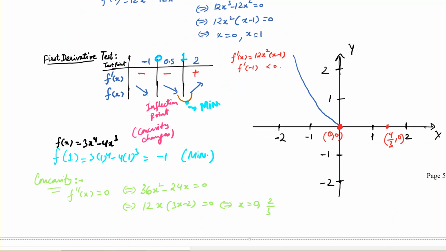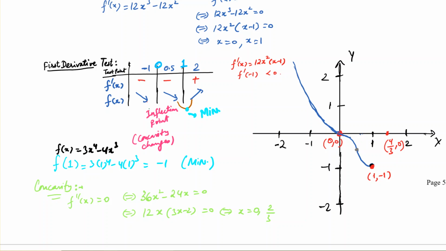So the concavity is going to change at 2 over 3. Thus the function is going to be decreasing from negative infinity to 0, and then also decrease from 0 to 1, but there is a possible inflection point at 2 over 3, and also an inflection point at 0, right? And then it's going to attain the minimum value at negative 1, and then it's going to start increasing.